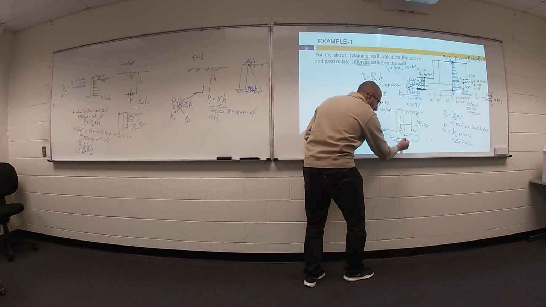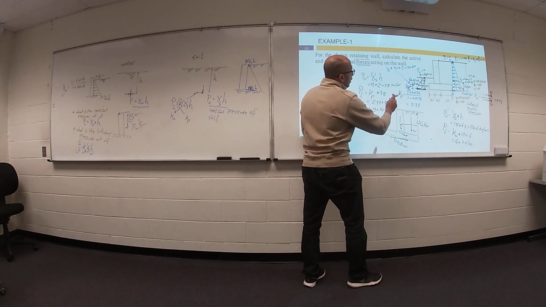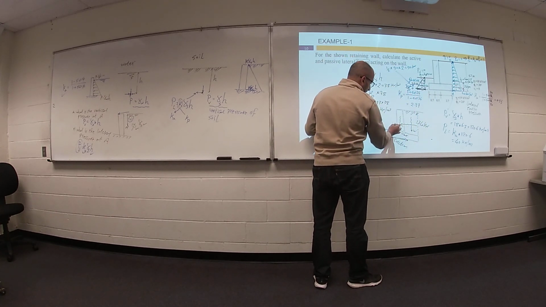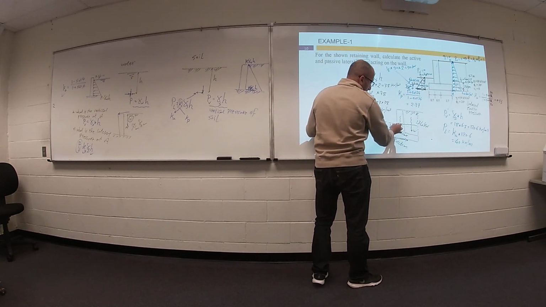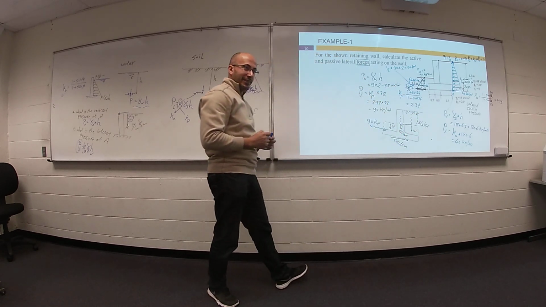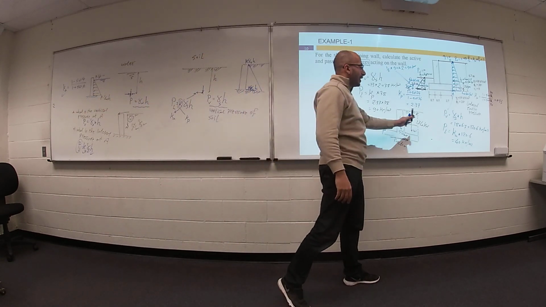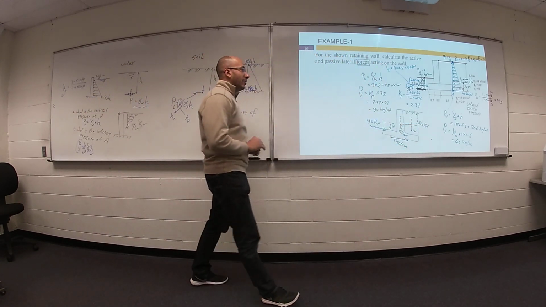We have friction between your retaining wall and your soil. Put all of your forces, then go ahead and do the stability analysis. You got it? Yeah. I'm talking right now only about the lateral pressure, not all forces, okay?